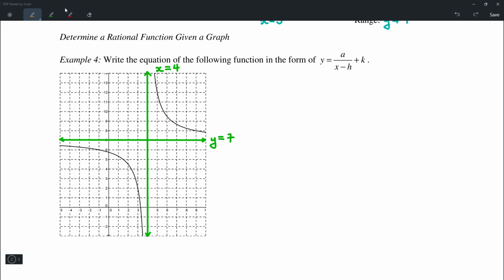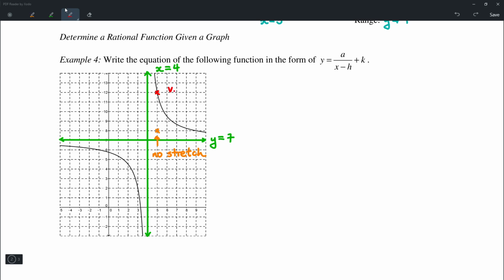After that, to find the a value, notice that if there were no vertical stretch, this is where the point corresponding to 1, 1 would be. But instead, the point is up here. So that is 1, 2, 3, 4, 5 times the height.